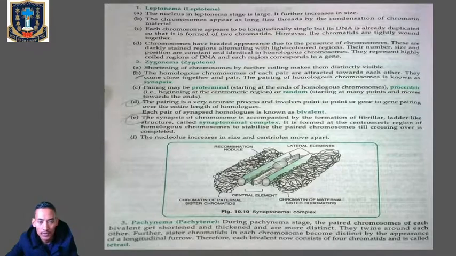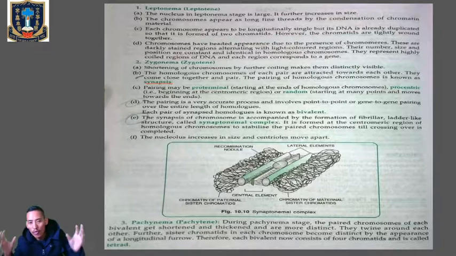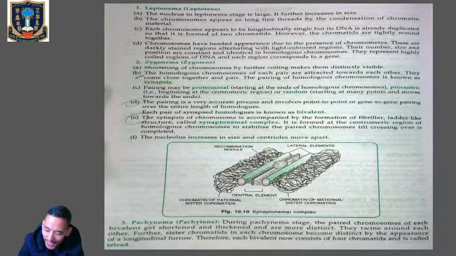So during zygonema the pairing of chromosomes starts, and such paired chromosomes are called homologous chromosomes. The homologous chromosomes, the chromosomes which are the same, attract each other, come close together and pair up, and this pairing of homologous chromosomes is known as synapsis.